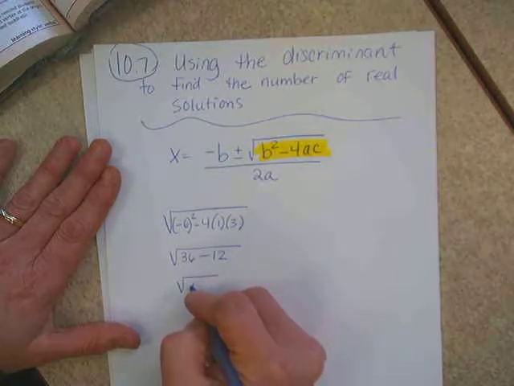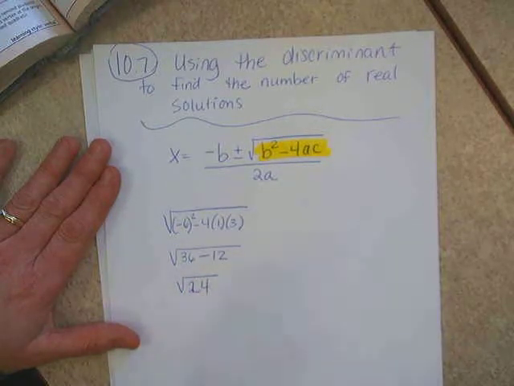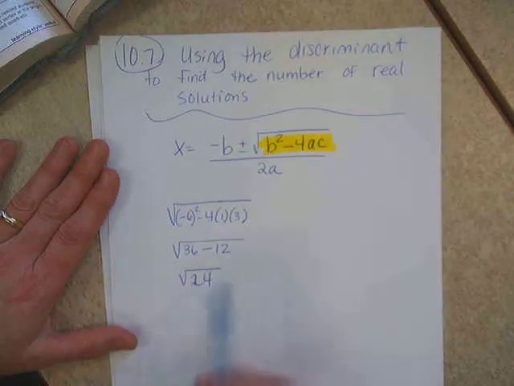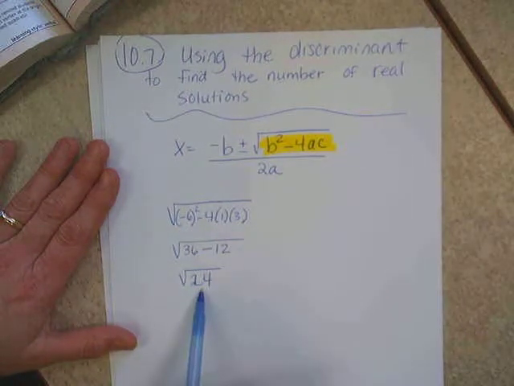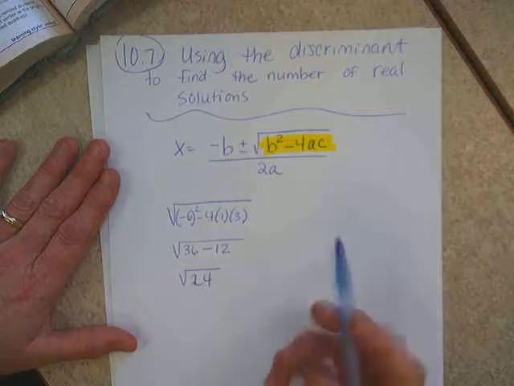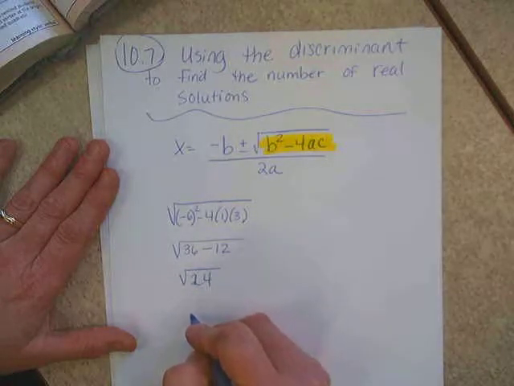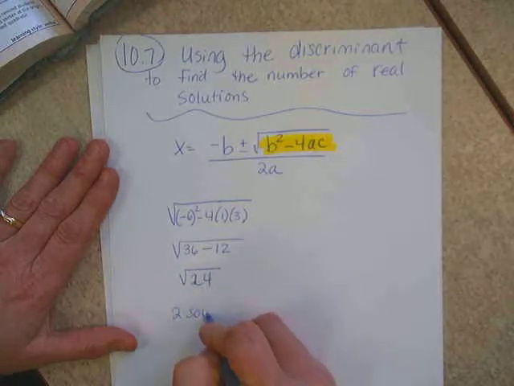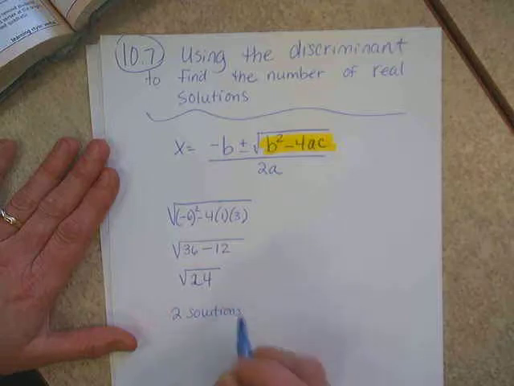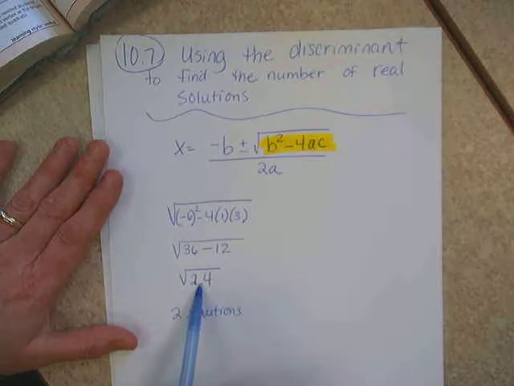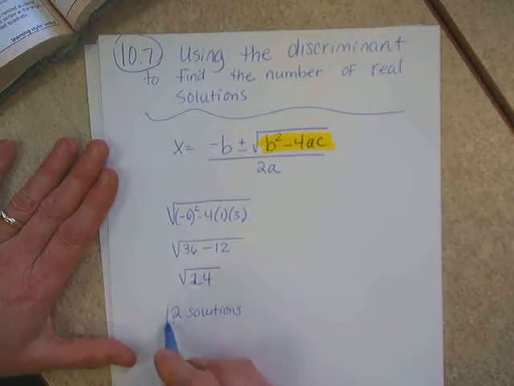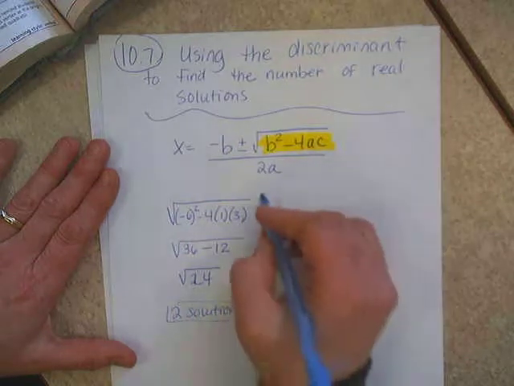And we're going to get a positive 24 inside the square root. Well, as long as we have a positive number inside of the square root, then there will be 2 solutions, because it'd be the positive and negative of the square root of 24.